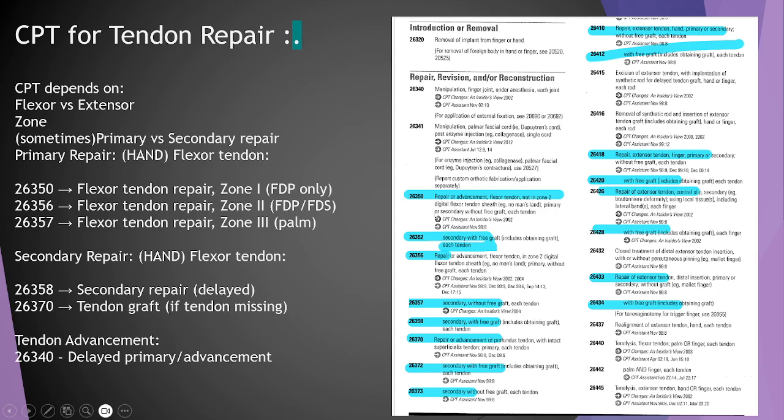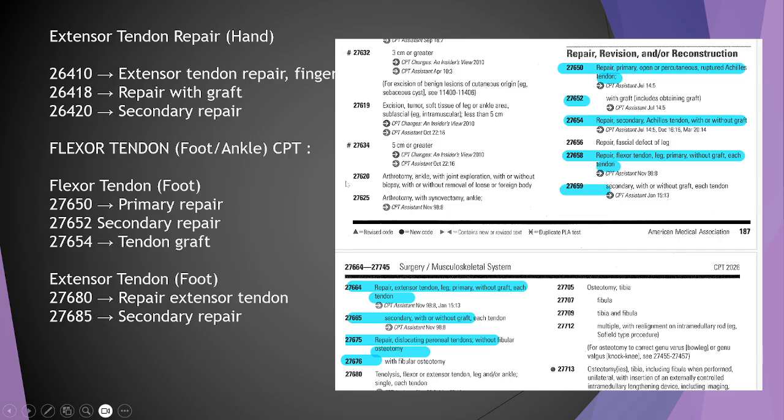This one is primary repair and this one is secondary repair, 26358, 26370, tendon advancement, that is 26340. So here is the extensor tendon repair of the hand.